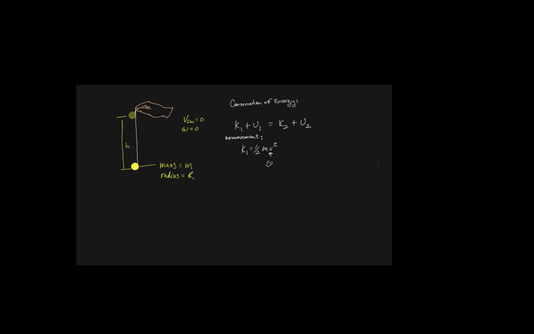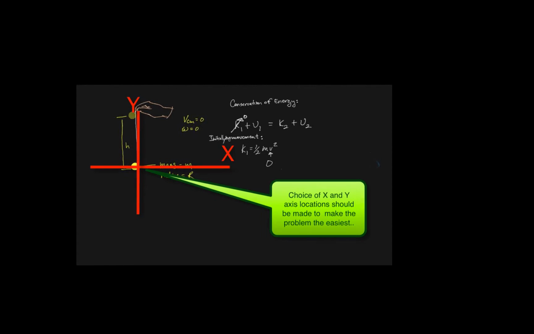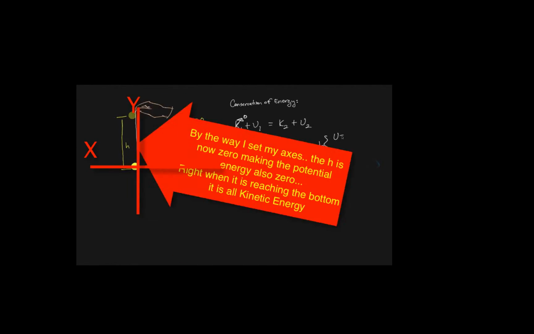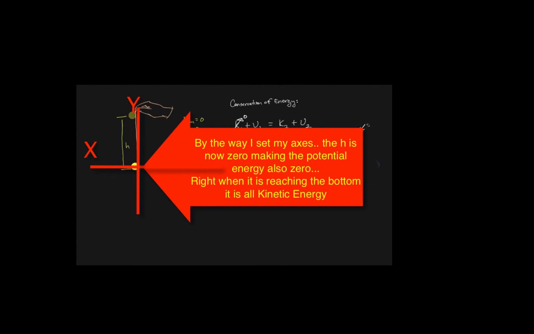So that means that this whole thing goes to zero, and the potential energy at that point is equal to mass times gravity times the height. So we would have the left side equal to mgh. And then on the right side, because h is equal to zero, then U also becomes zero.